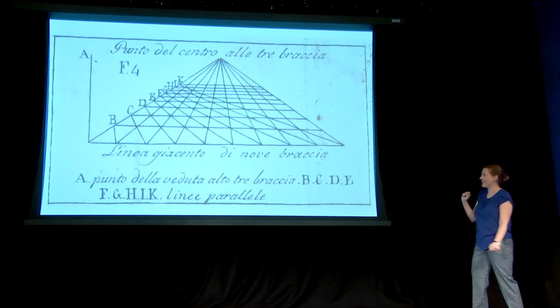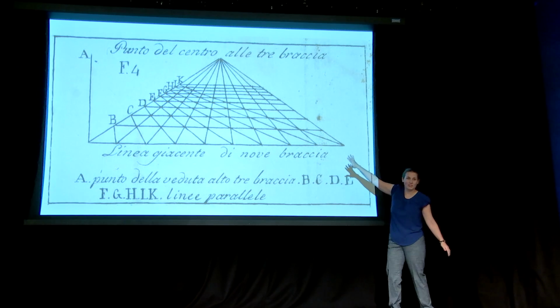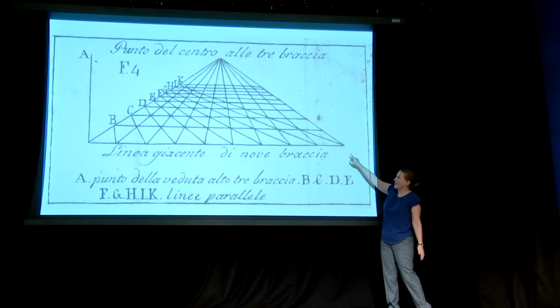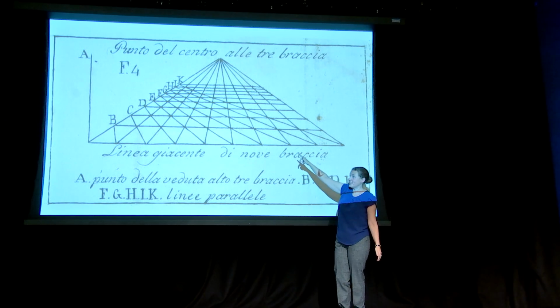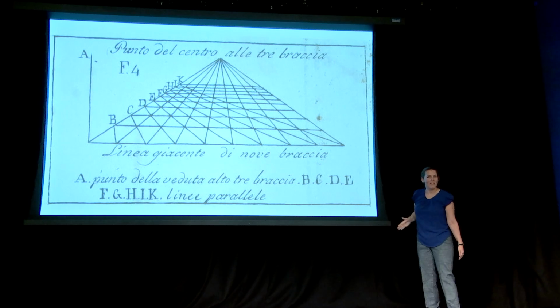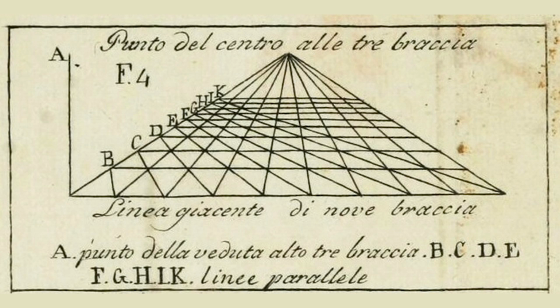However, clever trick, which Alberti is describing in this diagram, the diagonals of these square tiles are not parallel to the picture plane, so all those parallel diagonals do have a vanishing point. So here's the way to draw your tiled floor, and you can all go home and do this tonight.